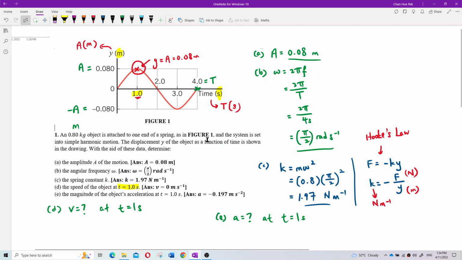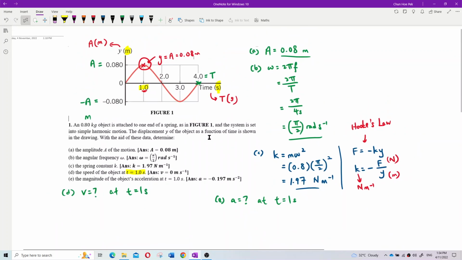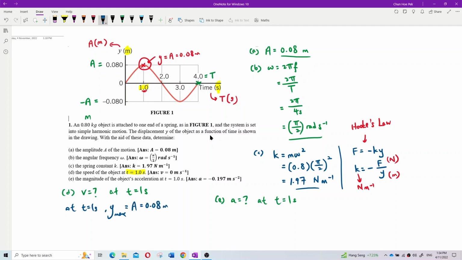Write that down first. At time equal to 1 second, the displacement is at maximum, at the amplitude, which is 0.08.